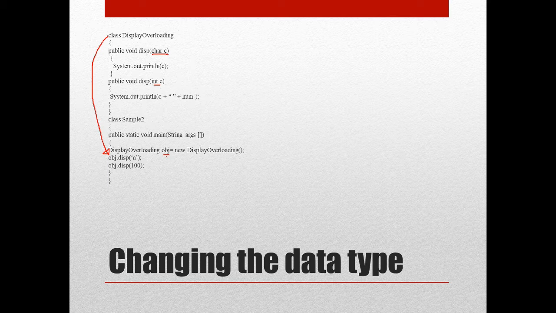And then after that, for us to display the character A here or the character C here, we declared, or we call it here, obj.display. For the output, we do not use this.